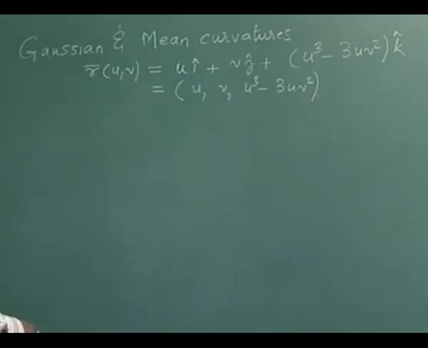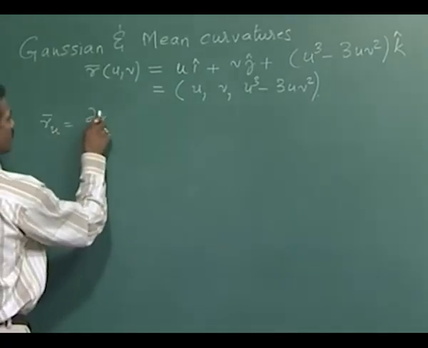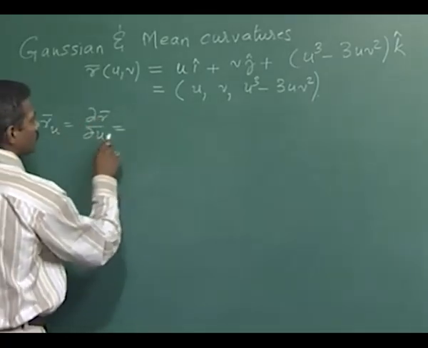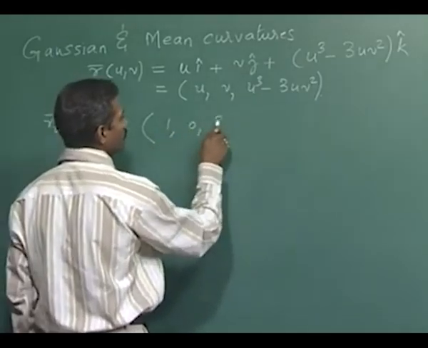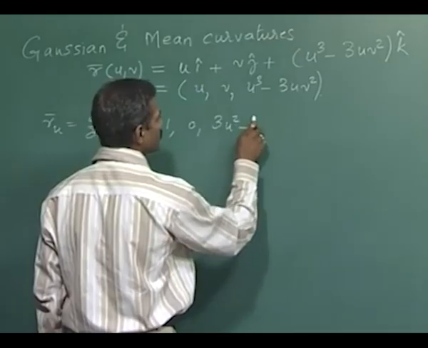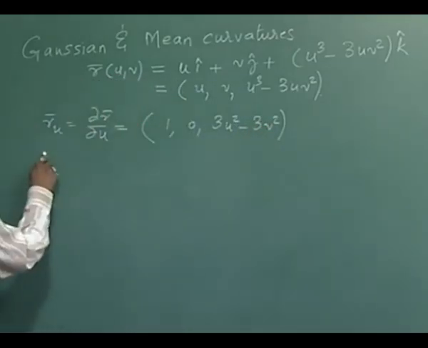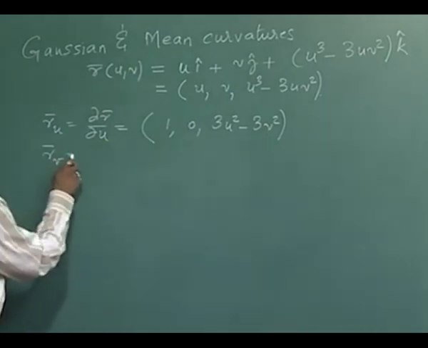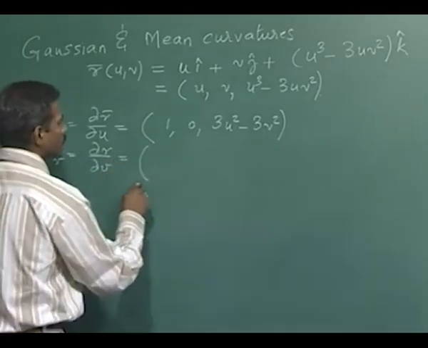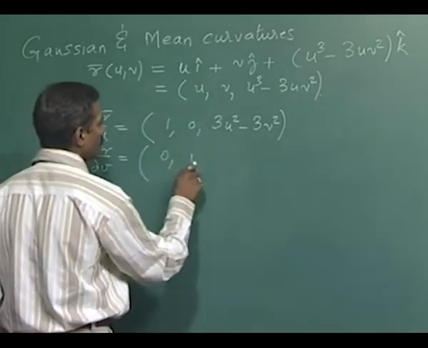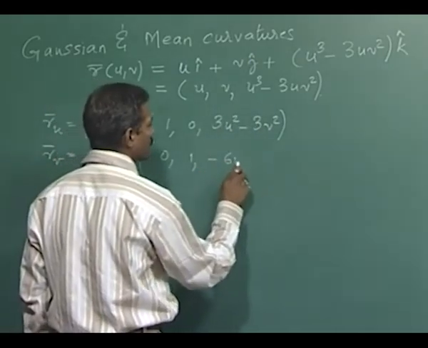So we have r sub u, which is partial r over partial u. This is equal to (1, 0, 3 u squared minus 3 v squared). We have r sub v equals partial r over partial v. This is equal to (0, 1, minus 6 u v).